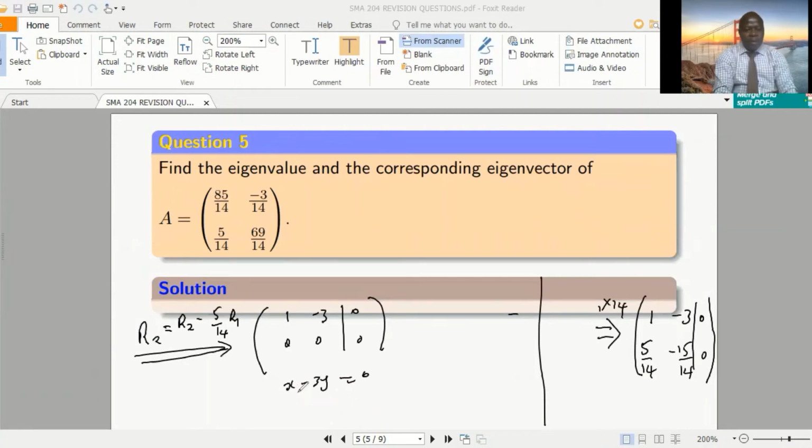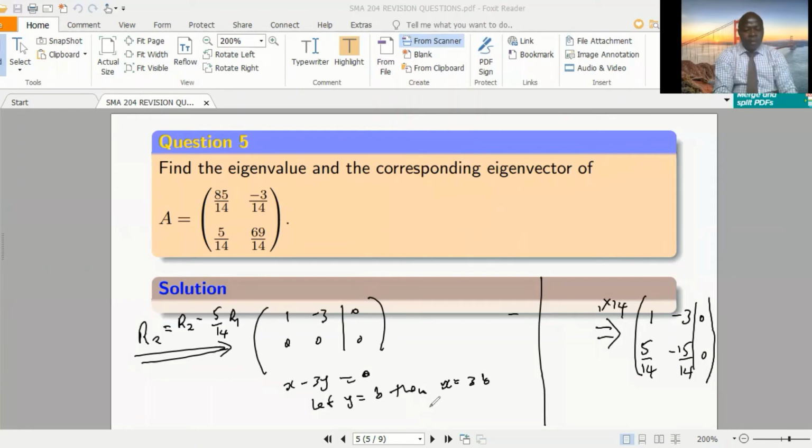X here is a leading variable, and y is a free variable. So let the free variable y be b. If that is the case, then x will be 3b. If this crosses the equal sign, it becomes 3y. So x is 3y, but y is b, so x is 3b.